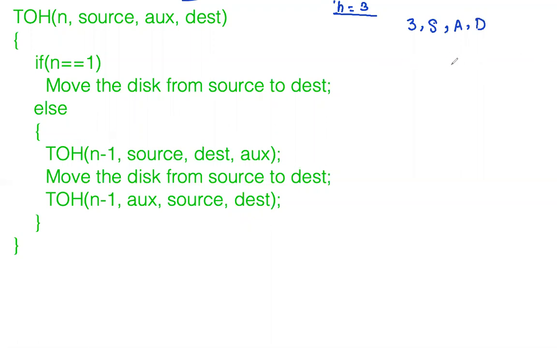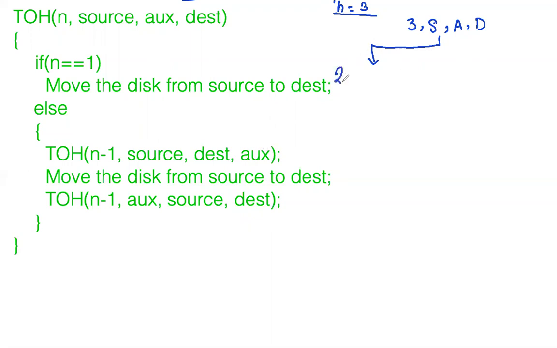So n is not equal to 1, so we call TOH on n-1, source, destination, auxiliary. So in this step the source remains the S peg, but the auxiliary peg now changes to the destination, and the destination peg now changes to the auxiliary peg.